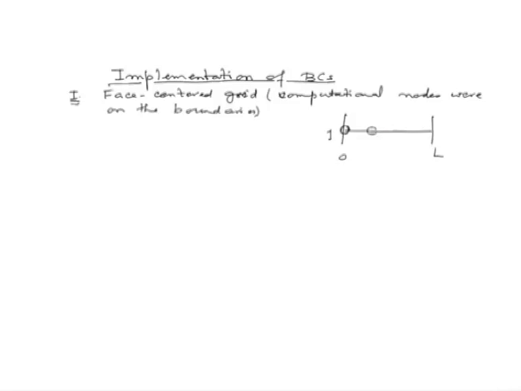Similarly, if you had n divisions, the last computational node, which was numbered n plus 1, is also on the boundary.